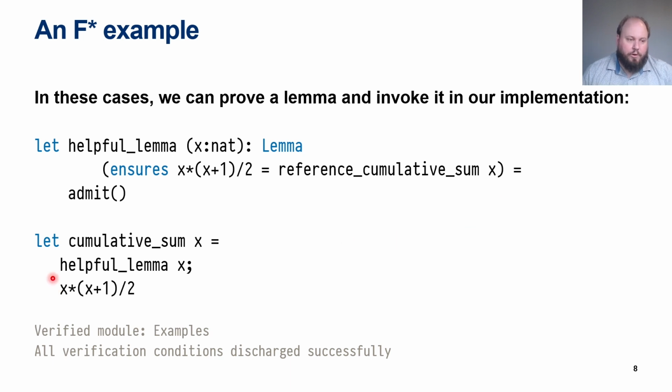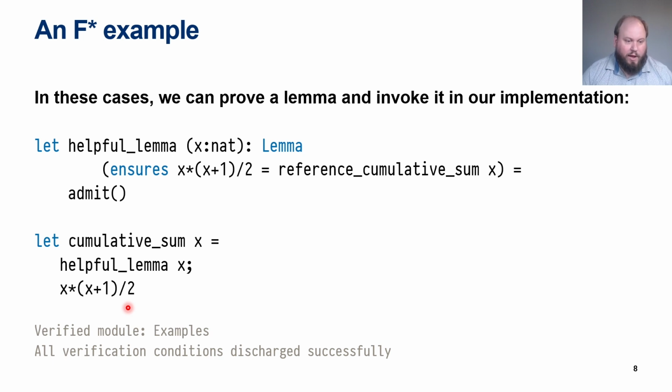And then when we go to implement cumulative sum, we can invoke this lemma. This provides this fact to the SMT solver, and the SMT solver, given the return value and this helpful lemma as inputs, can work out that, okay, cumulative sum matches the function prototype.